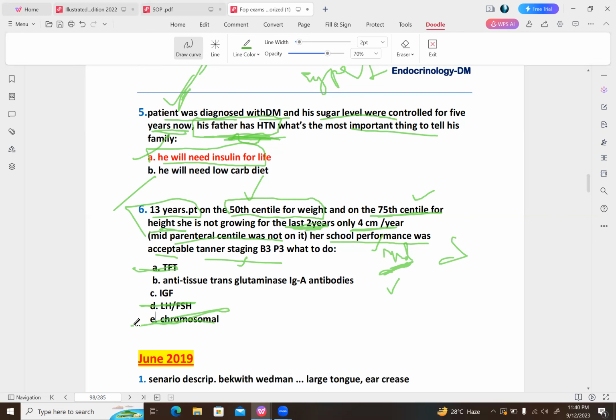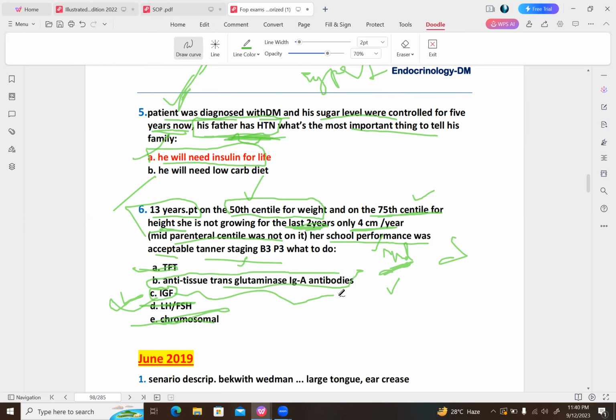This is also out. You have to choose between anti-tissue transglutaminase IgA antibodies or insulin-like growth factors. They haven't given any abdominal symptoms, so I want to go with insulin-like growth factors.